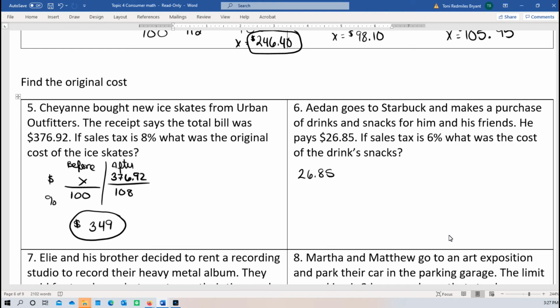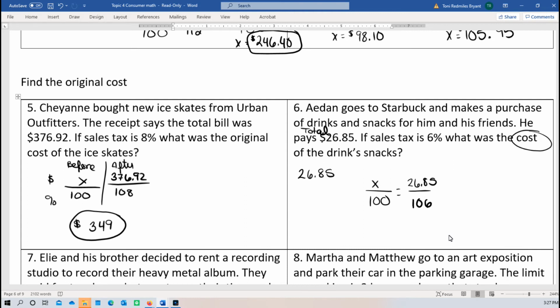So this is the total because we want what the original was, okay? So when I set this up, before tax, we don't know how much it is, but that's 100%. After tax, it's going to be $26.85, and we're going to pay 106% of the total of what we're buying.